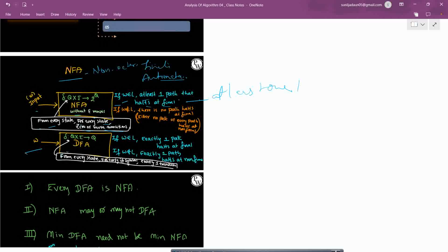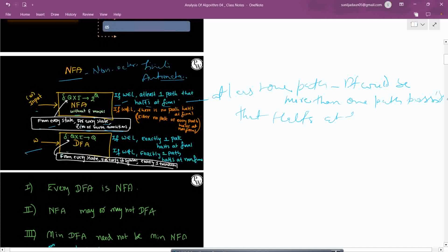At least one path. That means more than one path is possible that holds at final. Right? So if W does not belong to L, there is no path that holds at final.